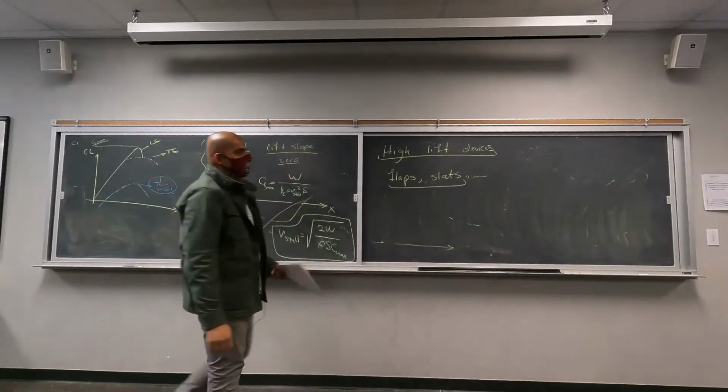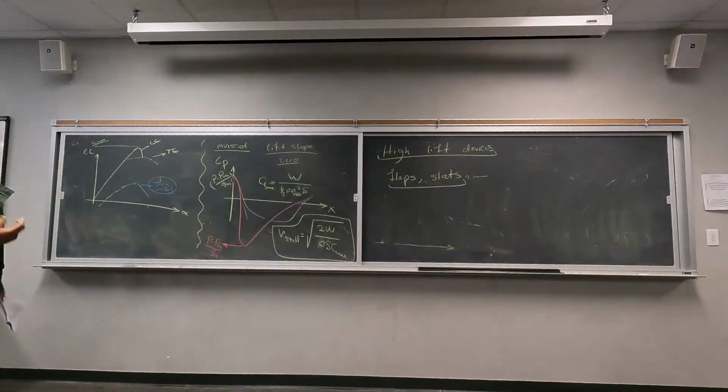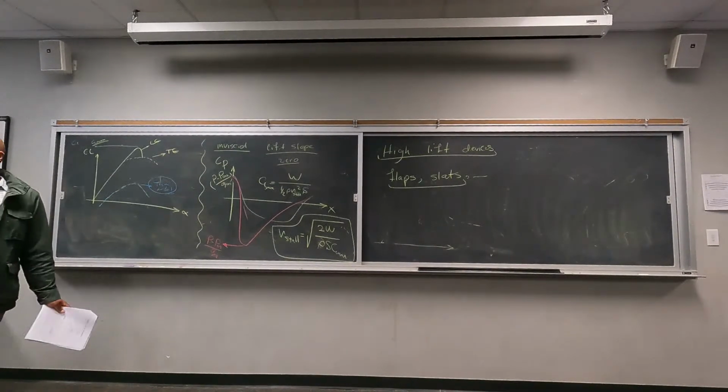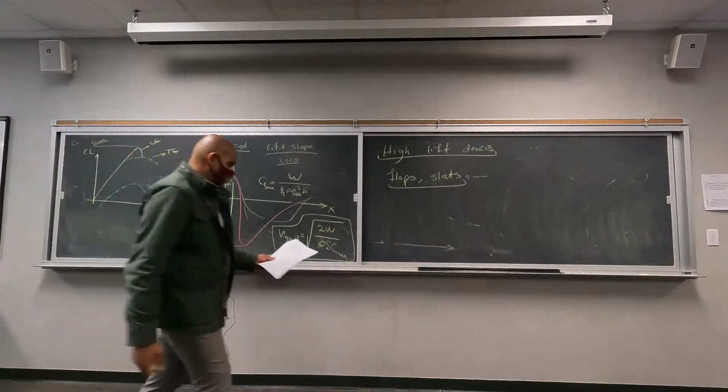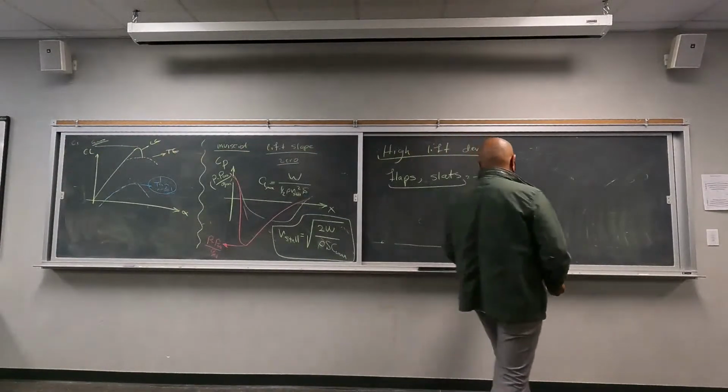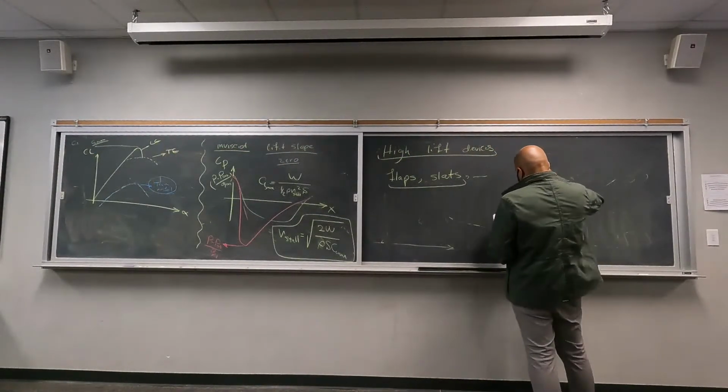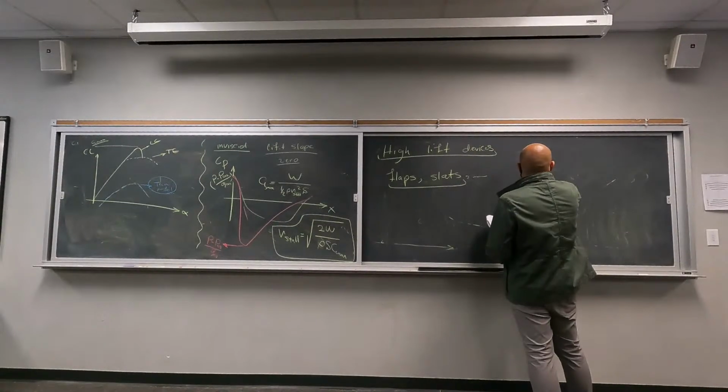So by introducing this, we will be able to play with the flow pattern on the airfoil, which means that we can delay the flow separation, and we can also change the camber. One of the most traditional types of the flaps and slats is the trailing edge flap.